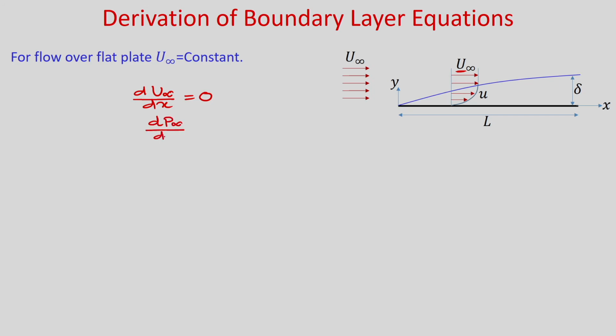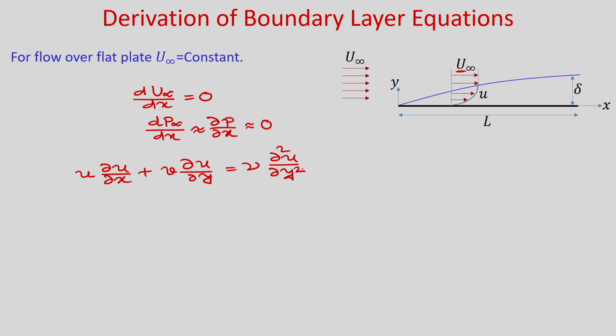So, obviously dp infinity by dx, which is equivalent to del p by del x, will also be 0. So, for flow over a flat plate we can write the x component of the momentum equation as u del u by del x plus v del u by del y is equal to nu del 2 u by del y square.